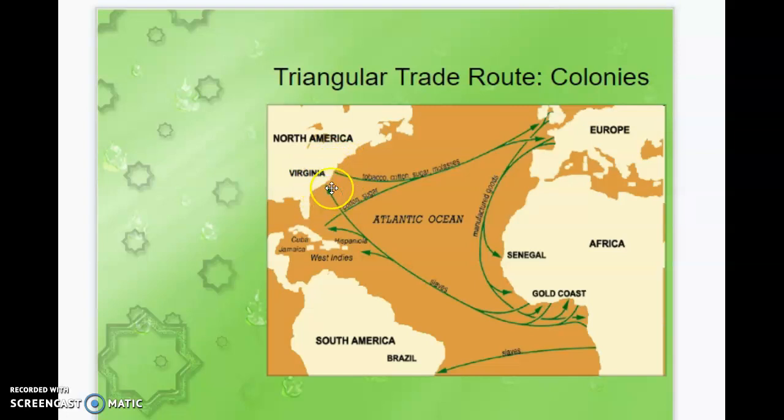And there they are exchanged for cotton, sugar, tobacco. All of those things are grown here in North America. We also know sugar and cotton is grown here in the West Indies. So those items are transported to Europe, where they're made into manufactured goods, as you can see here, and then the cycle starts over again.